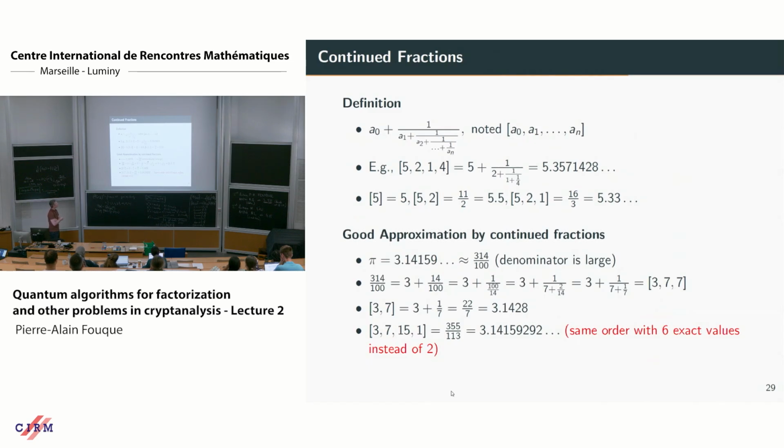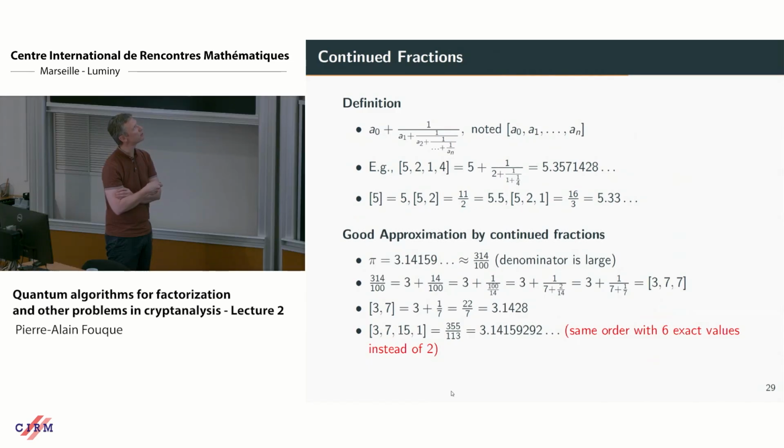This is a fraction, and you can try to decompose it into a continued fraction, and you will get this sequence. If I take only the first two terms, you have 3, because the integral part of pi is 3, and then I have 1 over 7.